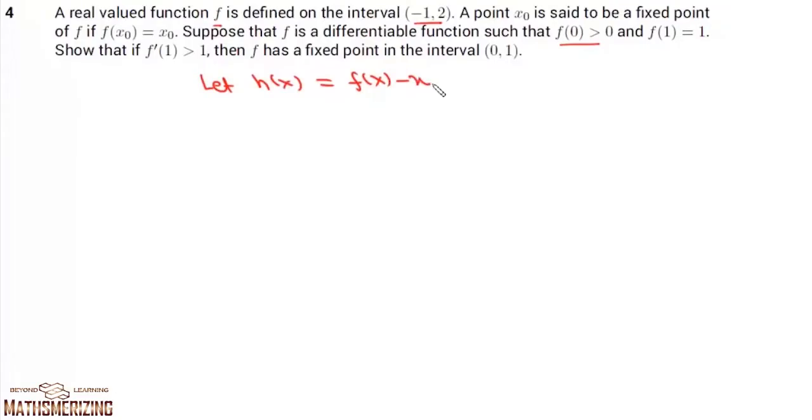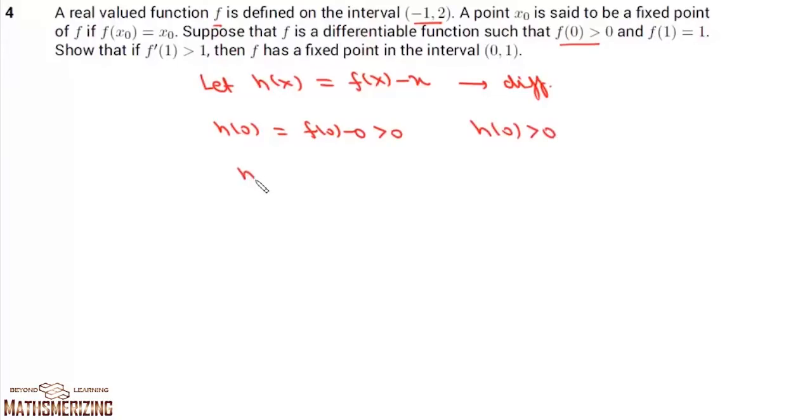Now what we'll do is we'll consider a function h(x) which is given by f(x) minus x. Now since f is differentiable and x is differentiable, this function h(x) is also a differentiable function. Now value of h0 will be f0 minus 0 and f0 is greater than 0. So this h0 will be greater than 0.